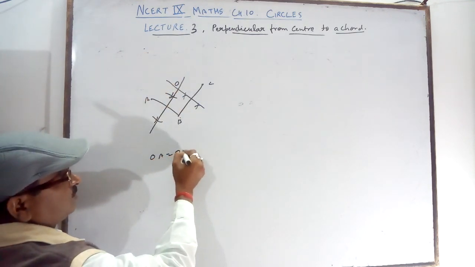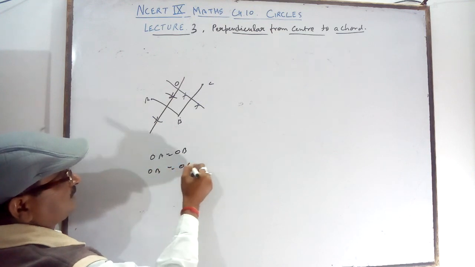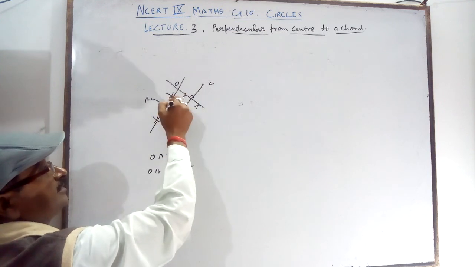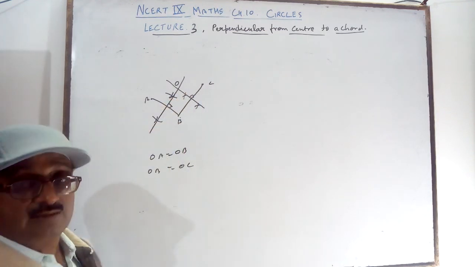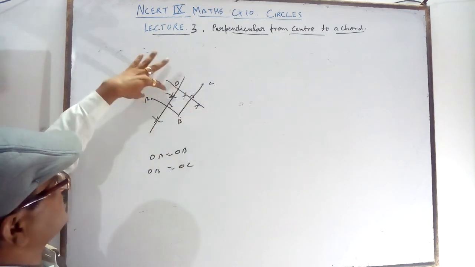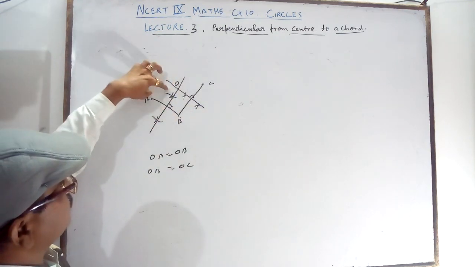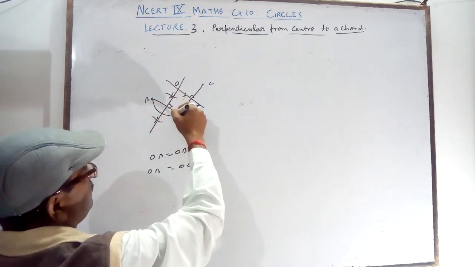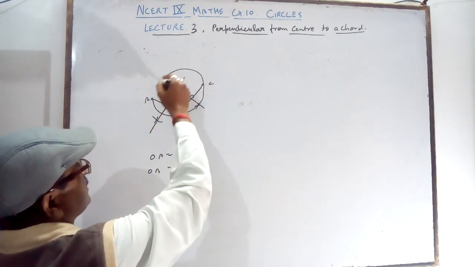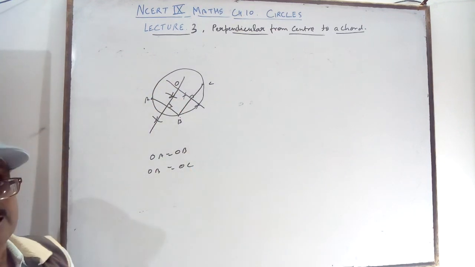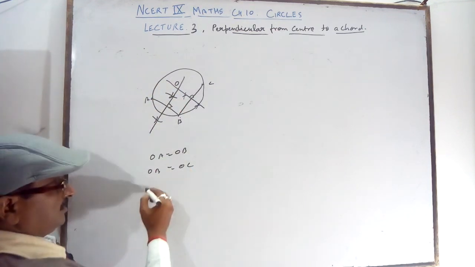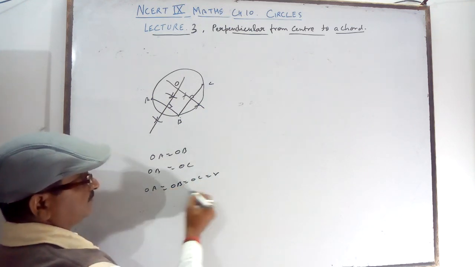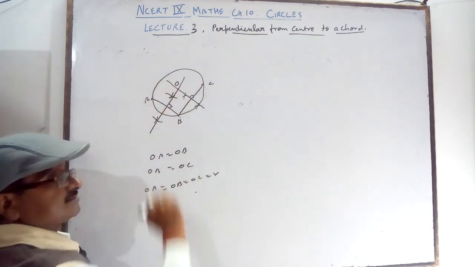OA is equal to OB, and OB is equal to OC, because O lies on the perpendicular bisector of BC. So we can draw one circle with center O and OB as the radius. OA equal to OB equal to OC equal to R.